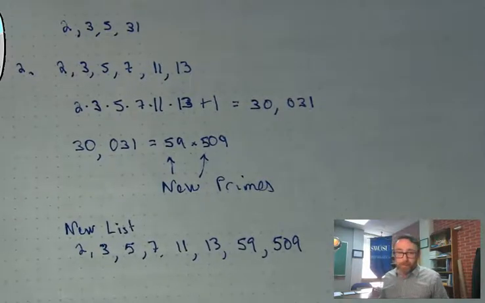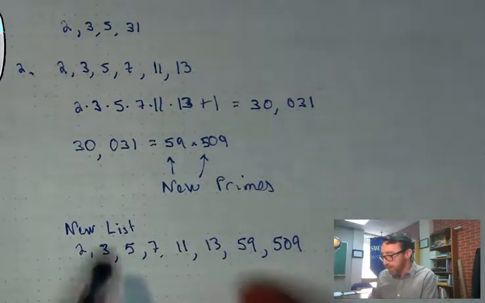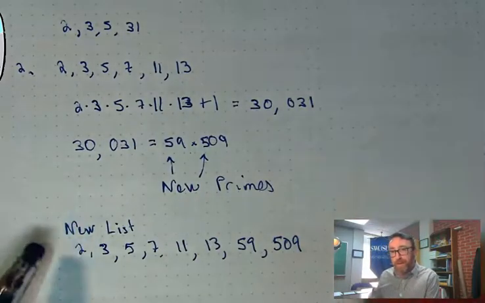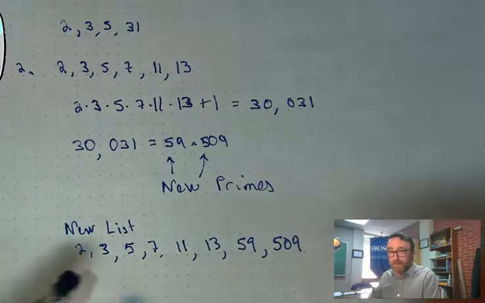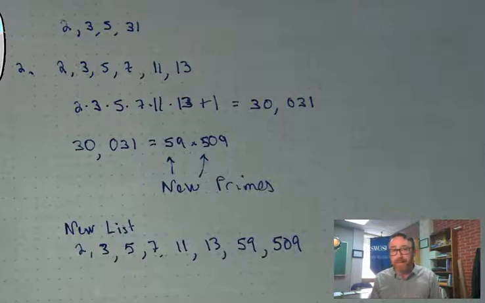And what Euclid's proof assures us is that no matter how long our list is, we could always do this and get primes that aren't on the list. Therefore, no list can contain all the primes. So, very interesting proof and a technique that every student of mathematics should know.